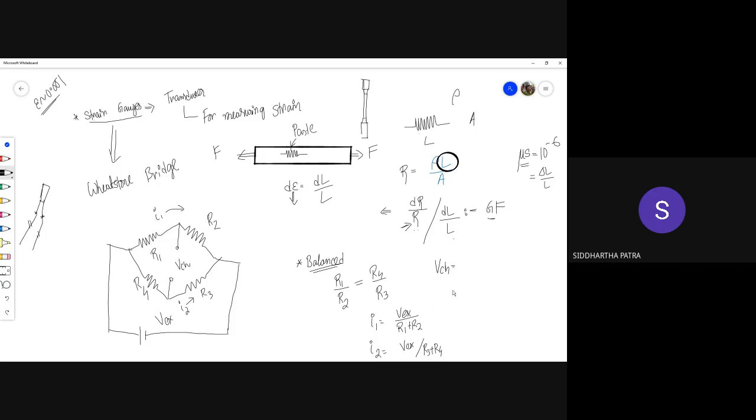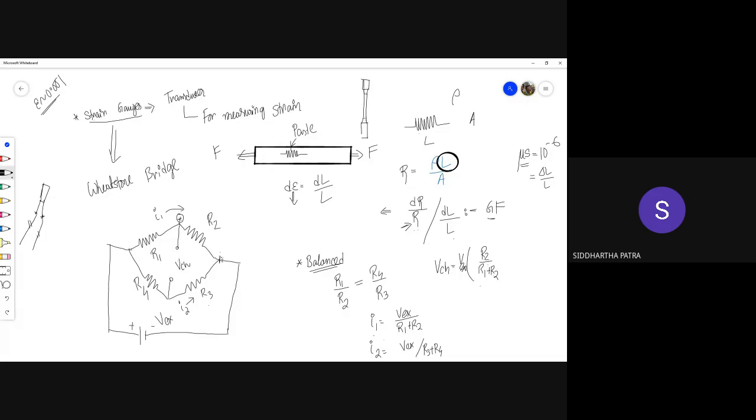And difference in the voltage is, you see, this is the plus side and this is the minus side. If I imagine the minus side is 0, so at how much higher voltage you'd expect it to be to the left of R2? So it should be R2 times I1, which is VEX times R2 divided by R1 plus R2. Okay, so that is the voltage.